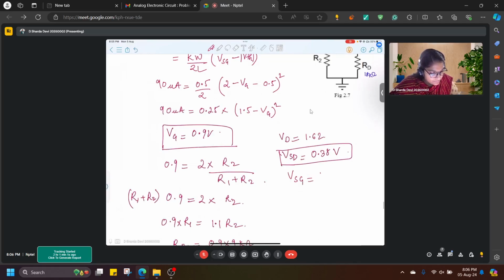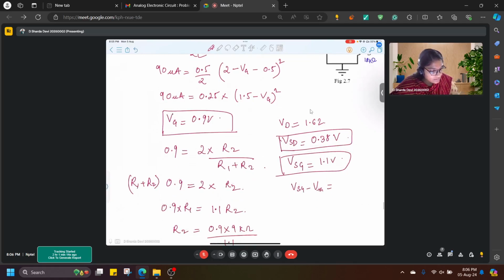VST is 1.1 volts. So VST minus VTH is 1.1 minus 0.5, so this is 0.6 volts. So VST minus VTH is greater than VST, right?